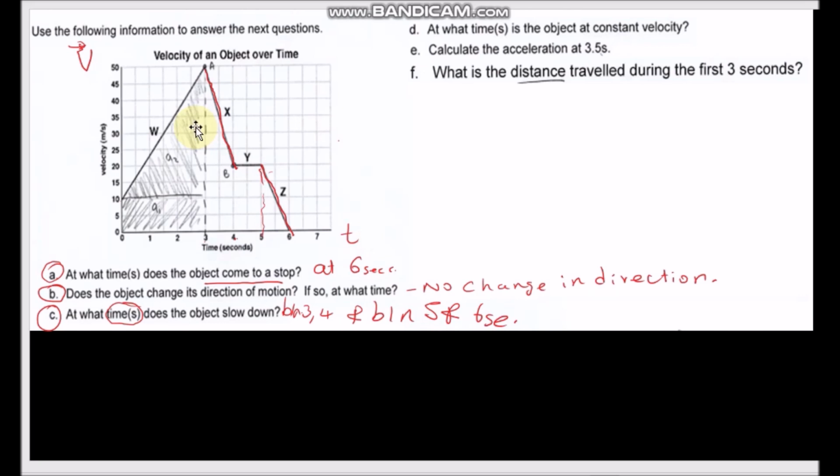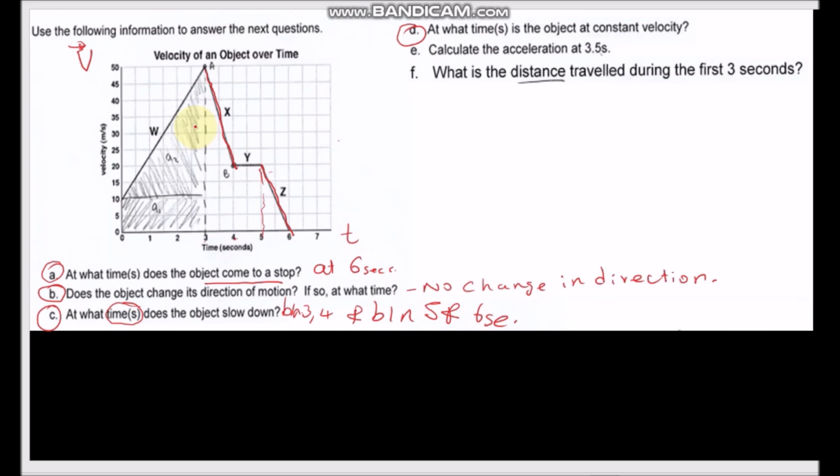Now I have homework for you. Let me do D again, and I will give you E and F as your exercise. You are supposed to write the answer in the comment section on YouTube, since we are uploading on YouTube. At what time is the object at constant velocity?